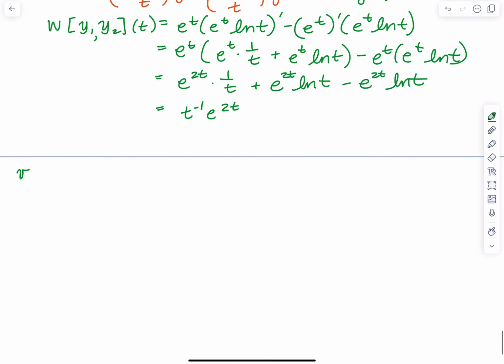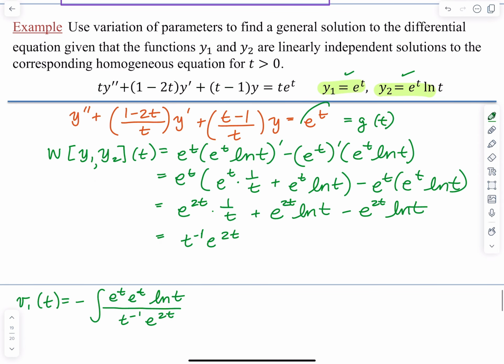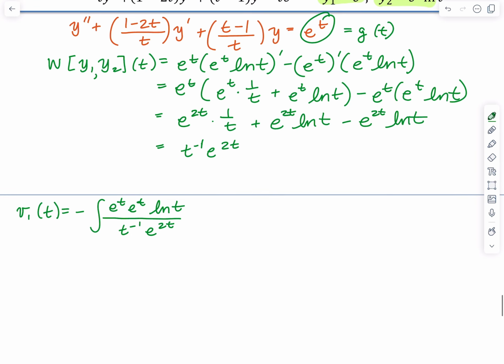You can remind yourself of those formulas, but we have v1 of t is equal to the opposite of the integral. We have e to the t, ln of t, divided by, and here is our Wronskian, t to the negative 1, e to the 2t. And there we have our g of t here, and then we also have y2 of t, dt.